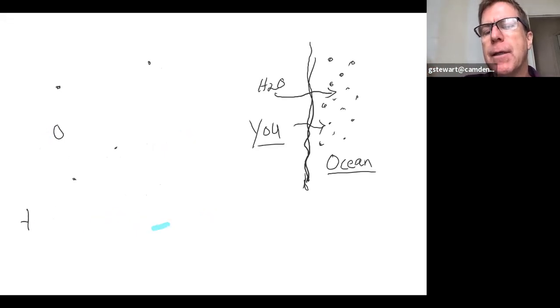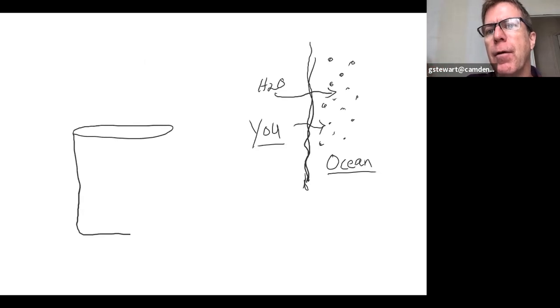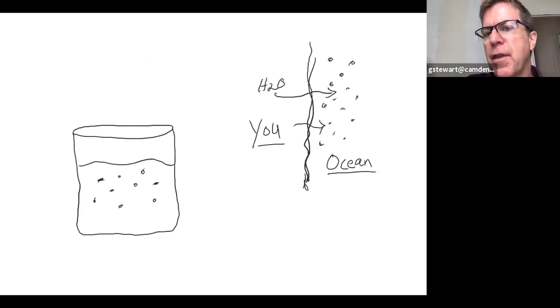I believe this is an example in almost every A&P book that I've ever seen. If I have a jar or a beaker with a solution in it, and it's got dissolved particles, you can think sodium chloride, you can think glucose, doesn't matter. It's got dissolved particles in it.